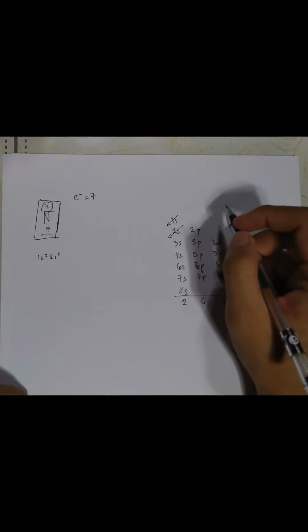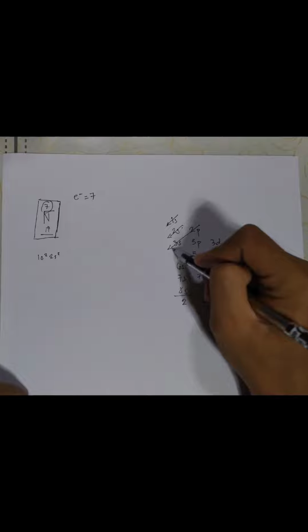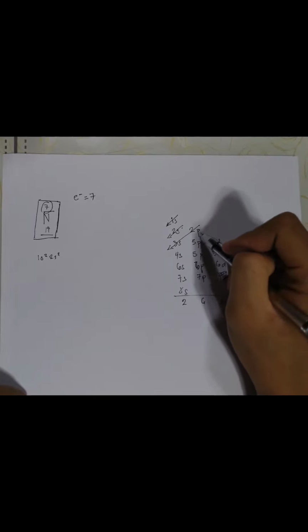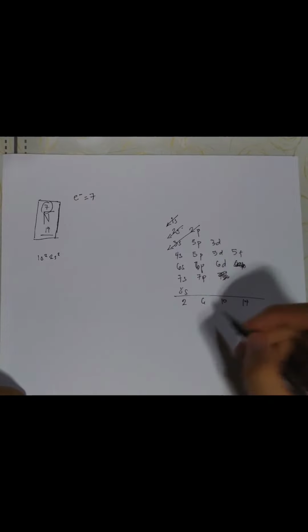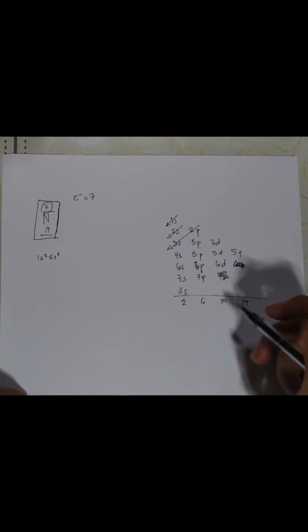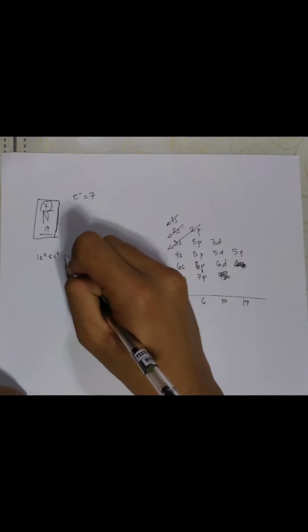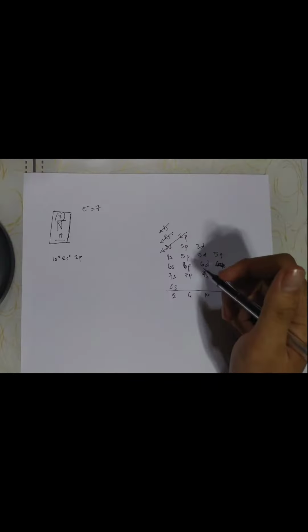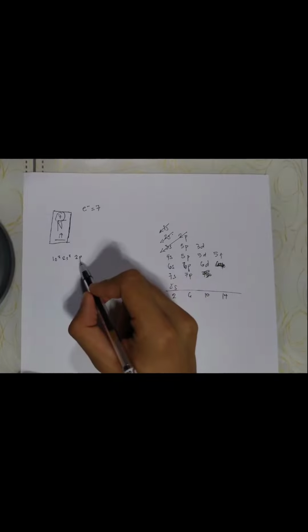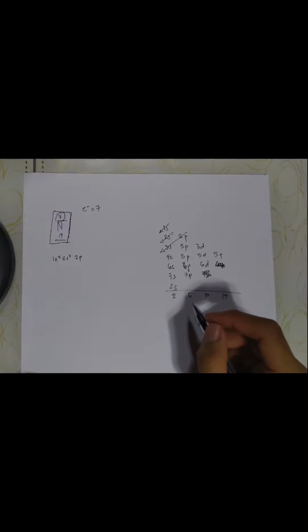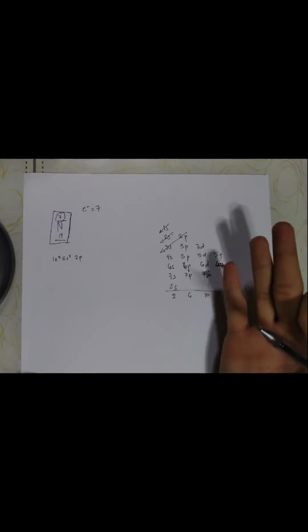Now, next is the 2p. The p can hold 6 electrons, but we only need 3 more.